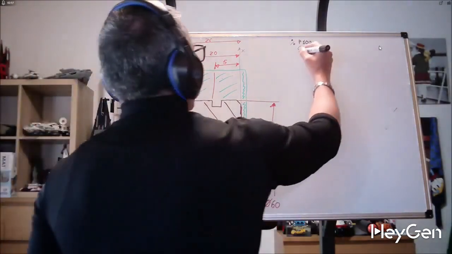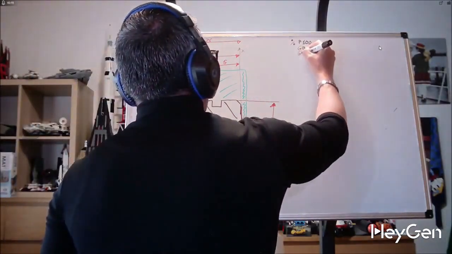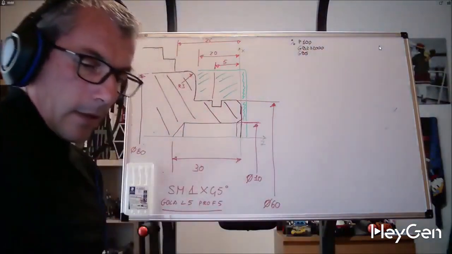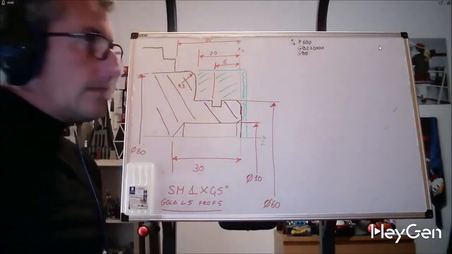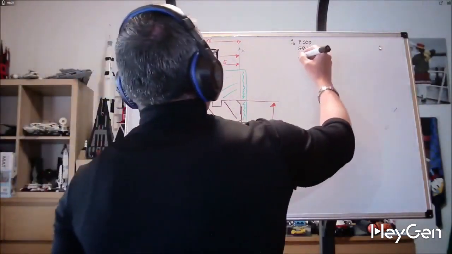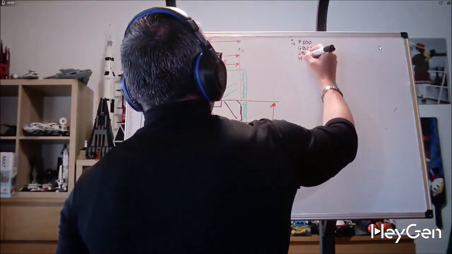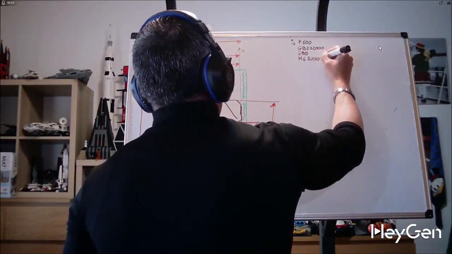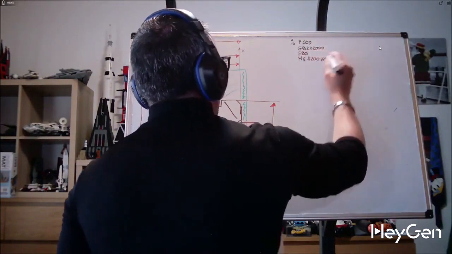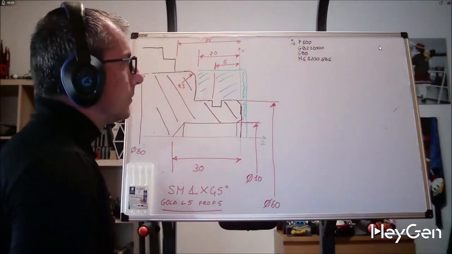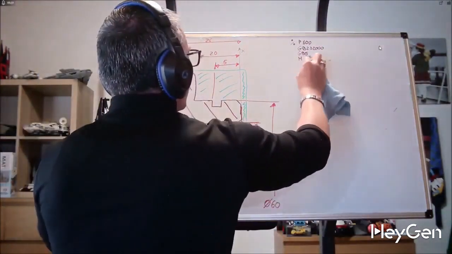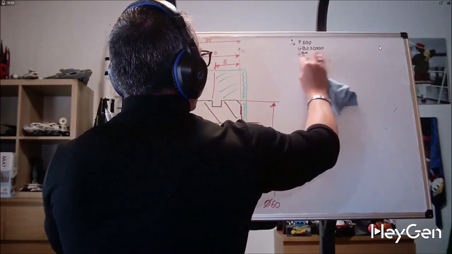After that, we insert G95, so we tell our lathe that we will work in millimeters per revolution. Let's rotate our spindle. So M4 S200. Then it's not always necessary because small lathes don't have it.